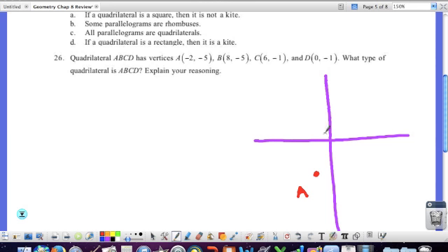B, (8, -5). Ooh, so I can tell that's going to be a straight line. Nice and easy. C, (6, -1). So that's C, and D is (0, -1).